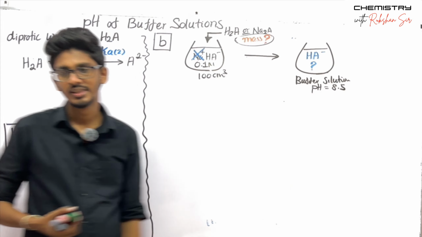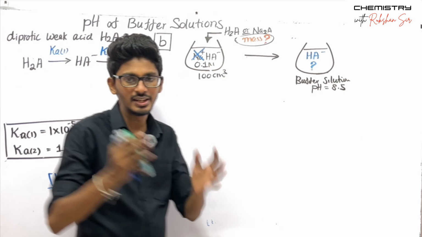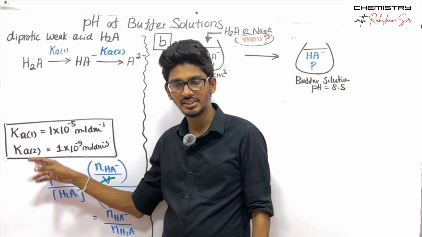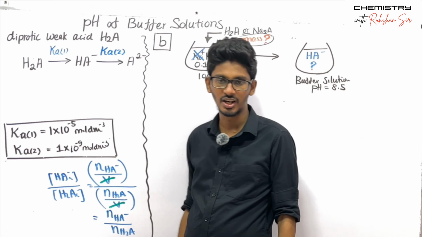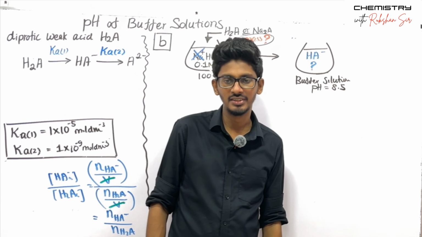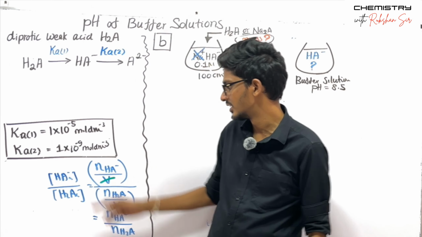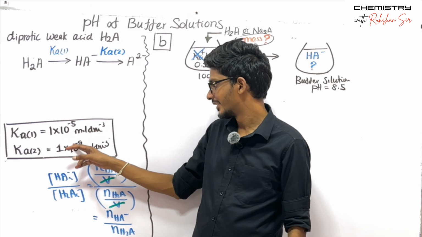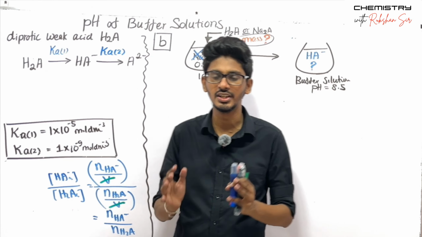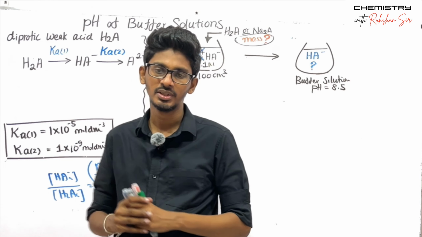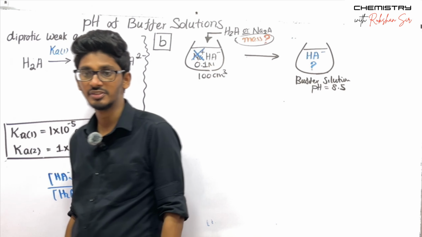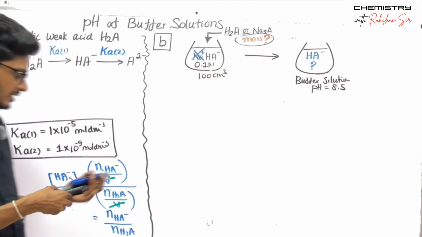So for this, we need to consider the Ka2 equilibrium, because inside the pKa2 plus or minus 1, that 8.5 pH appears. So we need to consider the Ka2 equilibrium to construct this buffer. This is the first thing, right?